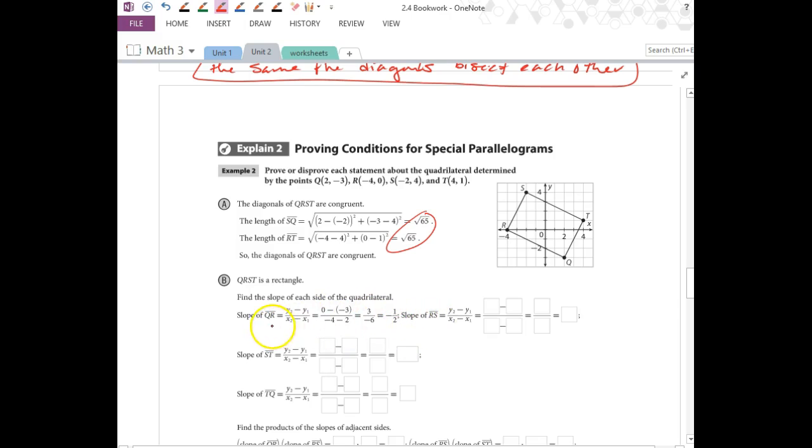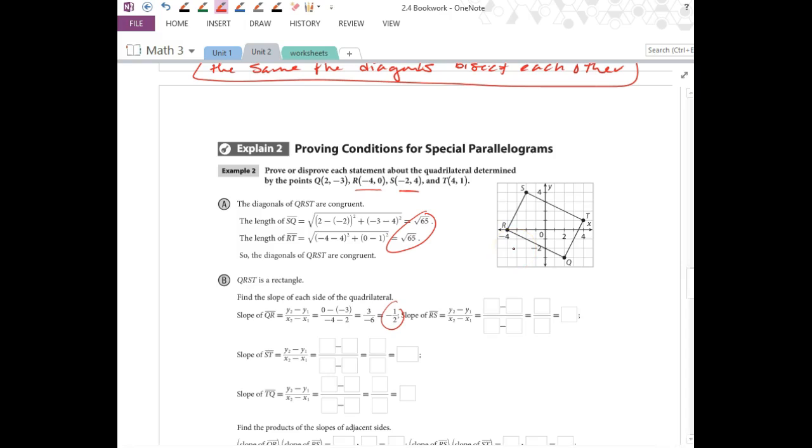So QR is 1/2. So RS, so I'm looking right here and here, is what minus what? So Y2 minus, what's that? Do the Y's first. You do the X's. Yeah, so I would do Y's, that's by definition. Rise over run is slope.